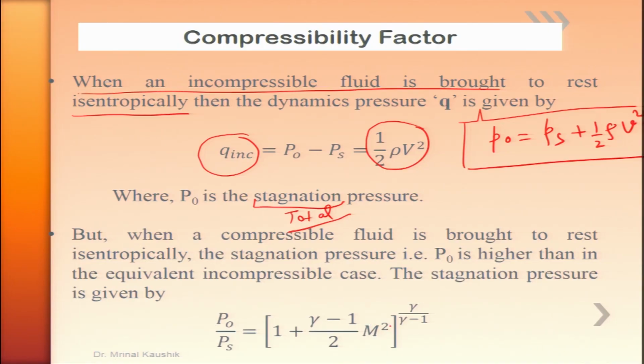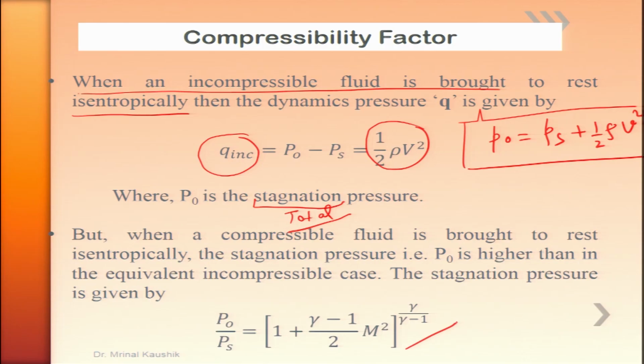However, this state has been achieved from a moving fluid brought to rest isentropically. Under this situation, from the isentropic relation which we have already derived, P naught by P can be written as 1 plus gamma minus 1 by 2 M square to the power of gamma upon gamma minus 1.